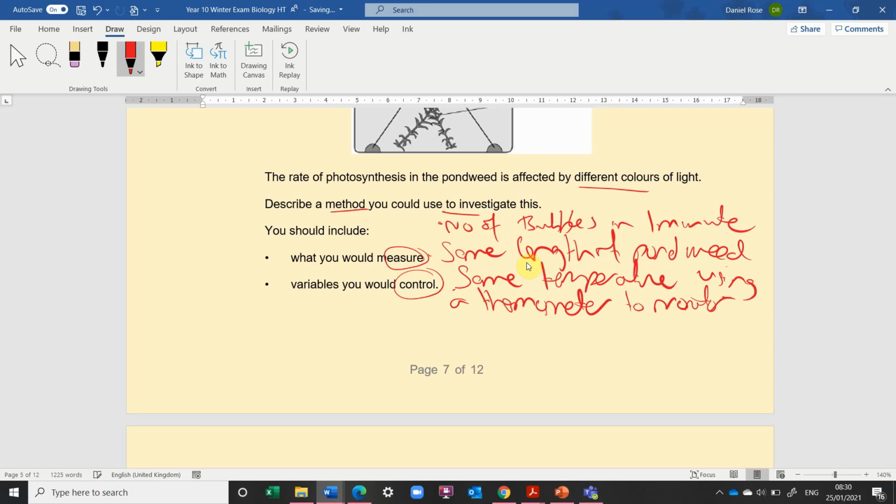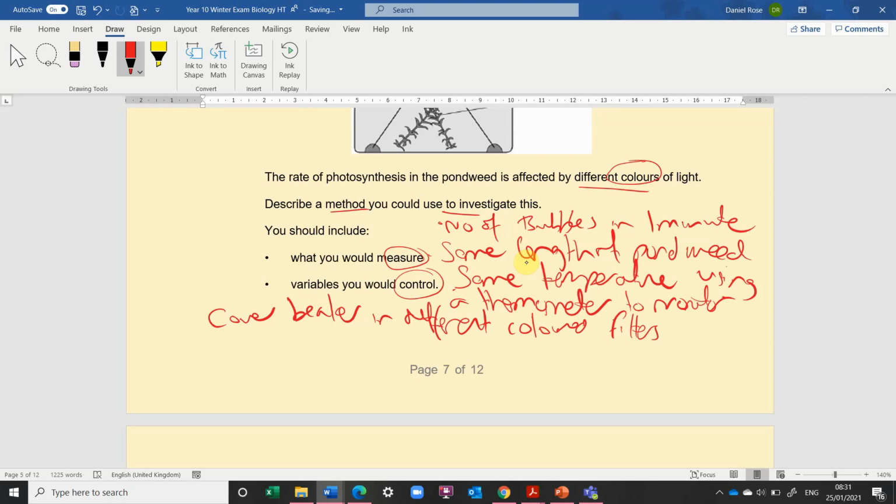What am I going to change? Well, it does say different colours of light, and there are different ways you could do this. Some people suggest different colour light bulbs, that's fine. Some people suggest different filters. So cover the beaker in different coloured filters. Sorry, handwriting's going to be messy. Again, I've got 5 points now.